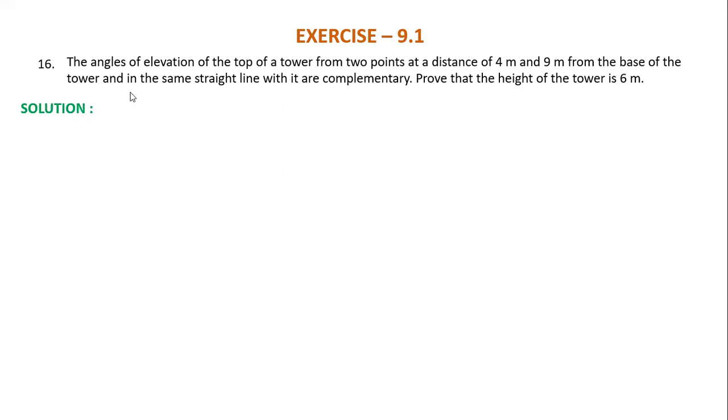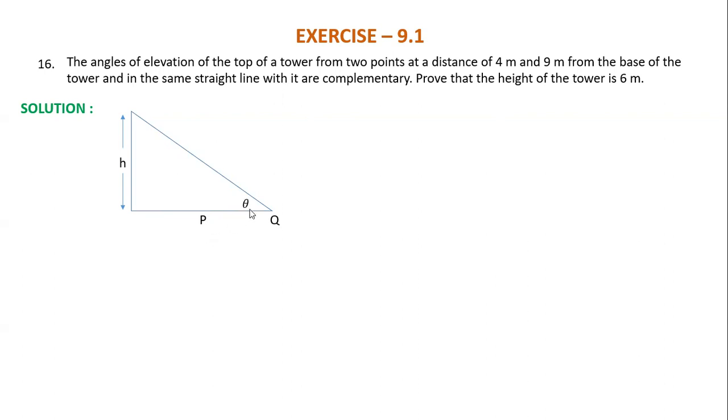Now see here, the angle of elevation of the top of the tower at a distance of 4 meters and 9 meters from the base of the tower. This is the height of the tower. P and Q are the two points.